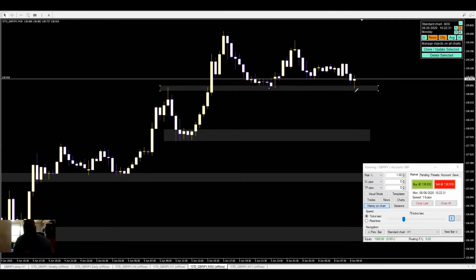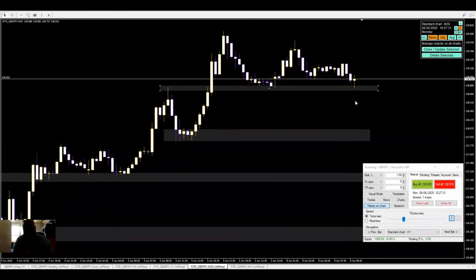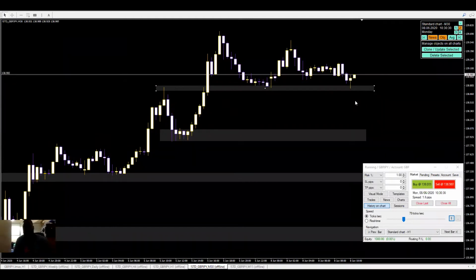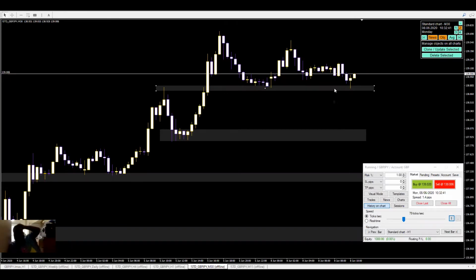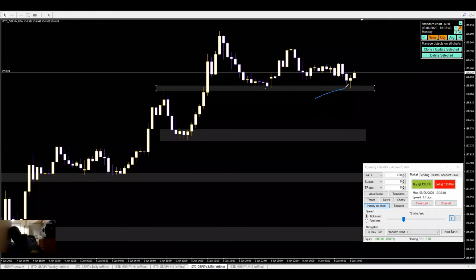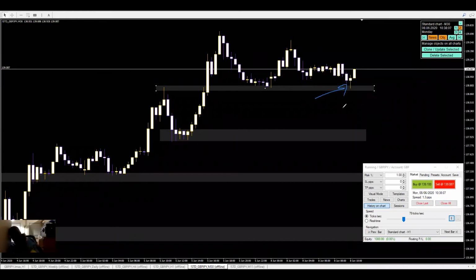So that means that once price comes back down here, if it does start to break down, it shouldn't have a problem going down. Now that's ideally, and the probabilities are higher that that will happen rather than not. And as you can see right now, obviously there's no confirmation here because price is respecting this level as of right now.